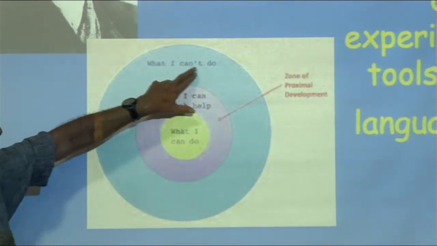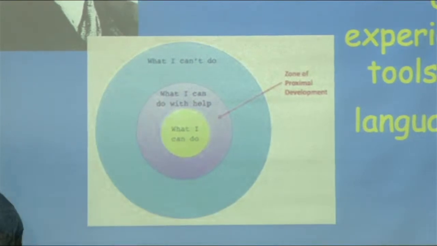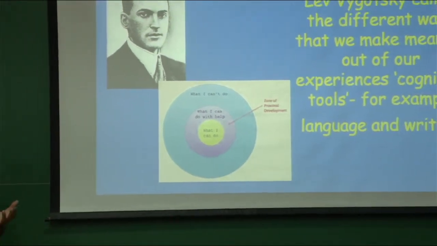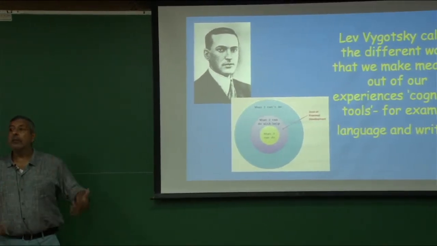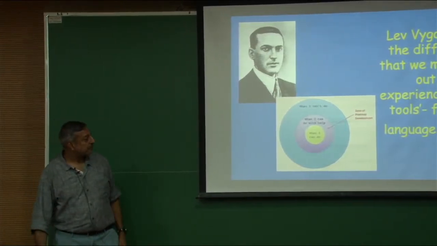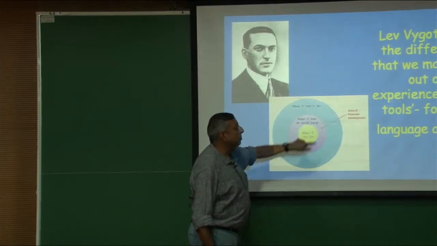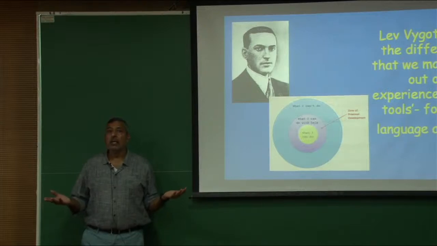If you pitch it too high, in this part of the circle, what I can't do, then you also end up losing your students, because they feel inadequate, and some of them actually become disruptive because they can't handle it. If you pitch it somewhere in here, what I can do with help, then you have a whole range of possibilities.